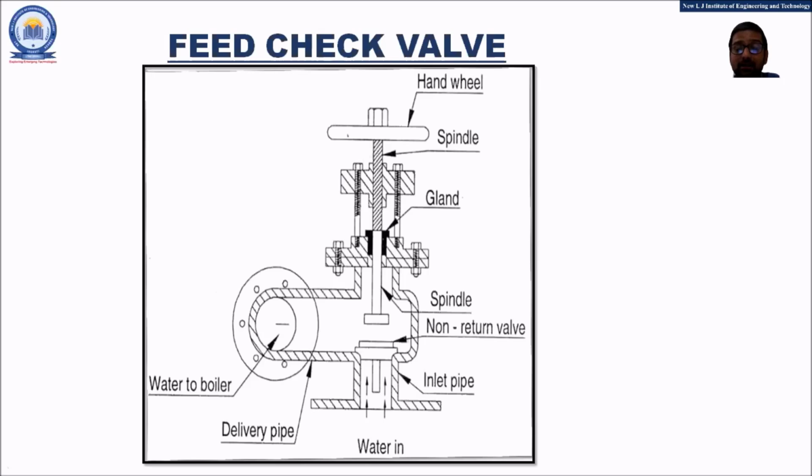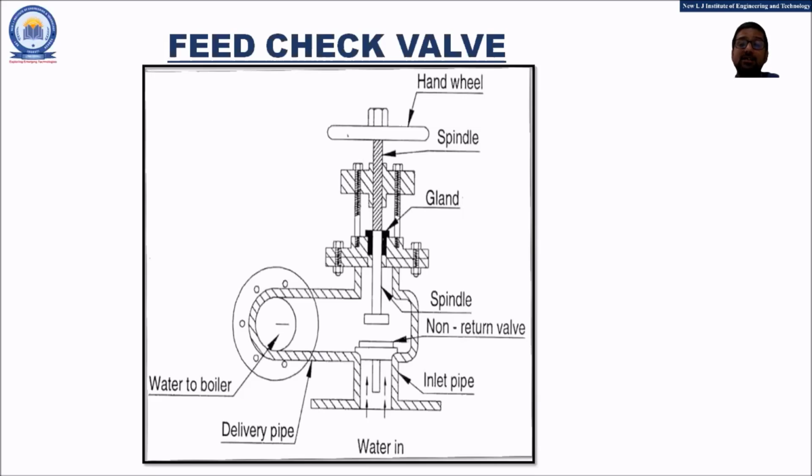Therefore, the water which is already stored in the boiler cannot flow back into the pump. Hence, the name given to the valve is the non-return valve. The water cannot return back to the pump assembly.